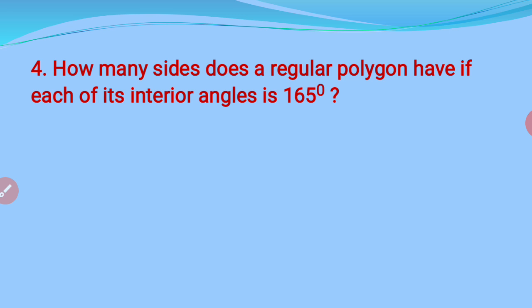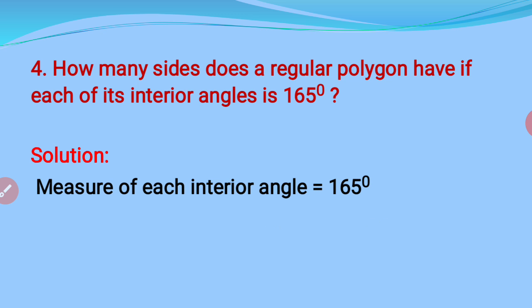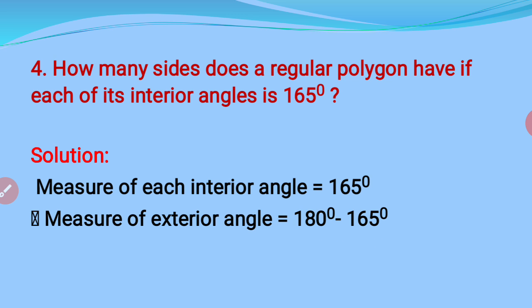How many sides does a regular polygon have if each of its interior angles is 165? Now here we have been given the measure of interior angles. So we are supposed to find out the measure of exterior angles initially, which is always in linear pair with the interior angles. So measure of exterior angle will be 180 minus 165, that is 15 degrees.